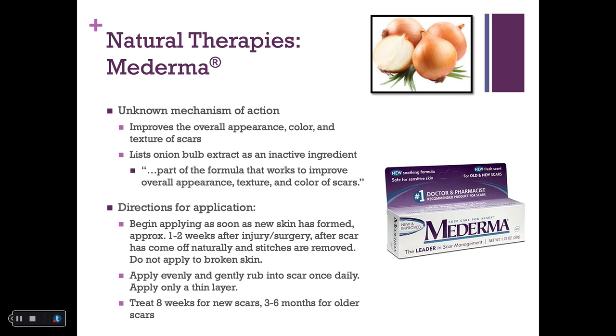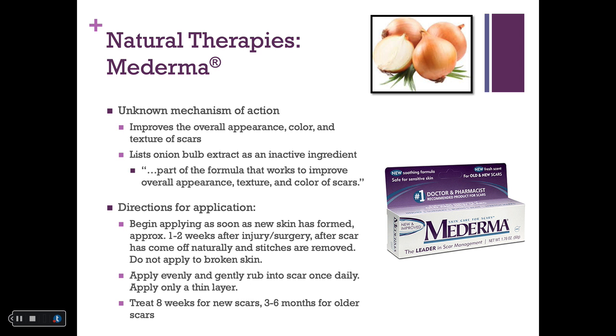And so you have to be kind of careful with patients who have any sort of allergy to bulb plants. And the product ironically does list this onion bulb extract as an inactive ingredient, and it says it's part of the formula that works to improve the overall appearance of scars. So the other agents in the product are mostly skin protectants or bland agents.